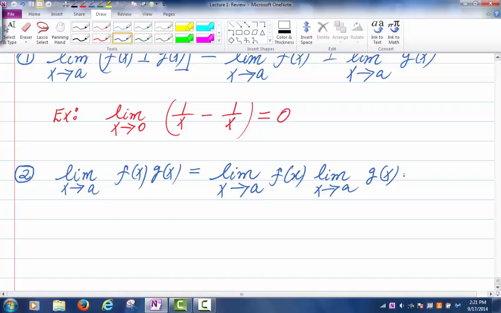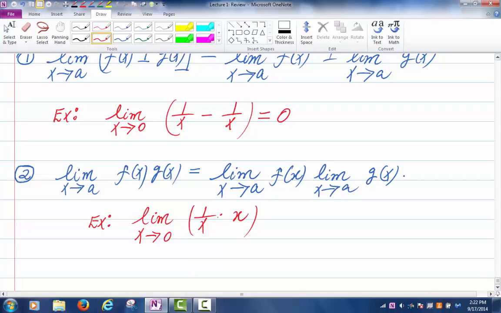Okay. Again, in this case, for example, notice that if I take the limit as x goes to 0 of 1 over x times x. So here I have two factors. And if I take the limit term by term, what's going to happen?